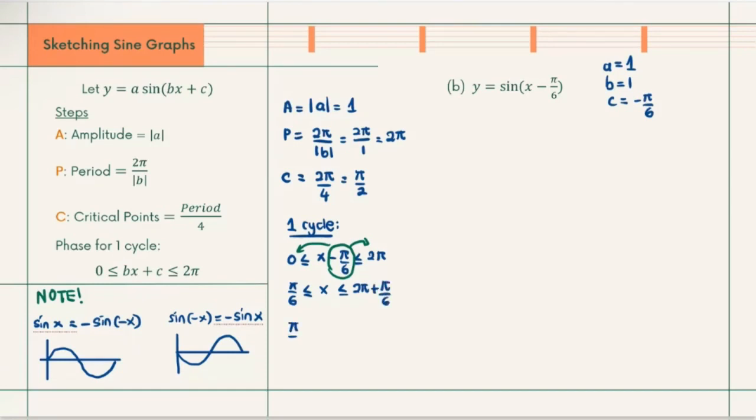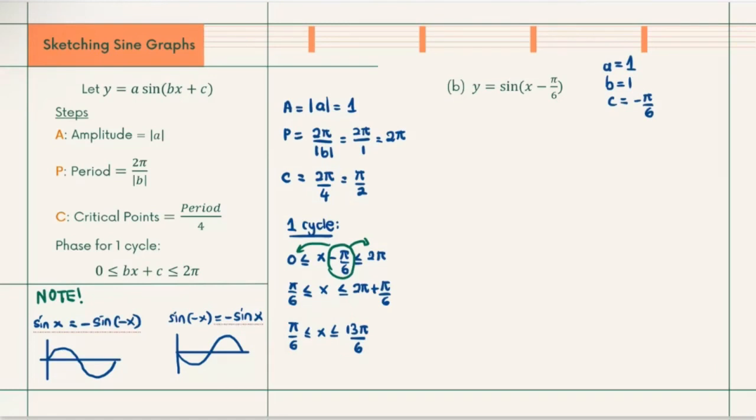Okay, so using calculator dapat berapa ya? 2 tambah 1/6 saya dapat 13/6. So 13 pi over 6. So that will be our domain untuk one complete cycle.